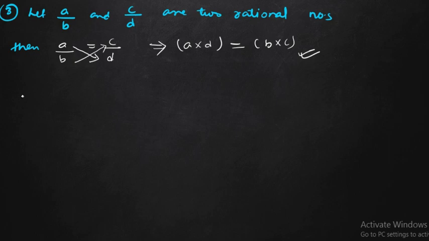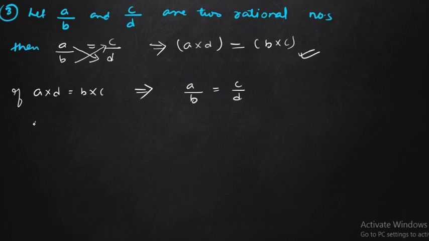Now its converse is also true. That means if we have a into d equals b into c, then we can write this as a by b equals c by d.